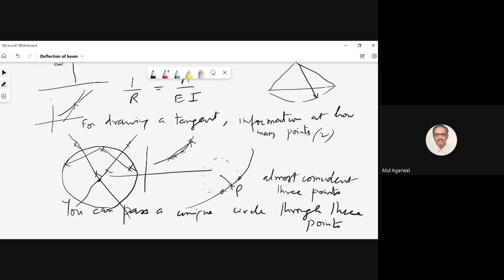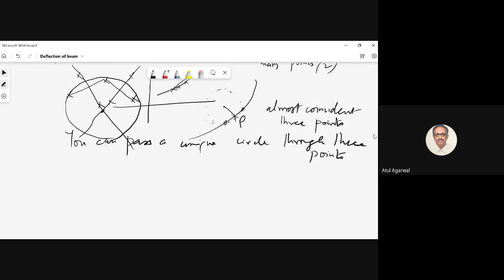So close to point P, you take 2 other points and you do this exercise. So this is a limiting exercise. So you can find center of curvature and radius of curvature at any point on the curve. Suppose this is your curve. Here your center of curvature will lie on this side.